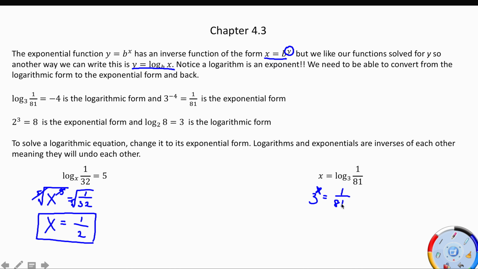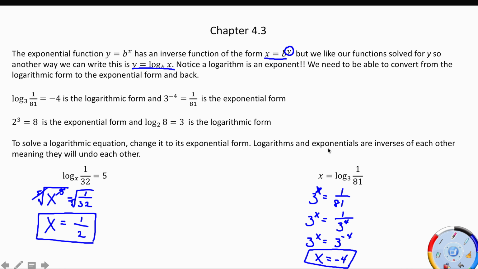I want to see if I can make the bases the same, and indeed I can write 81 as 3 to the 4th power, right? 3 squared is 9, so 3 to the 4th is 81, but I need them to be in the same position. So negative exponents mean reciprocals. I can rewrite that as 3 to the -4. Once the bases are the same, then the exponents must be the same. To solve a logarithmic equation, simply change it to its exponential form.